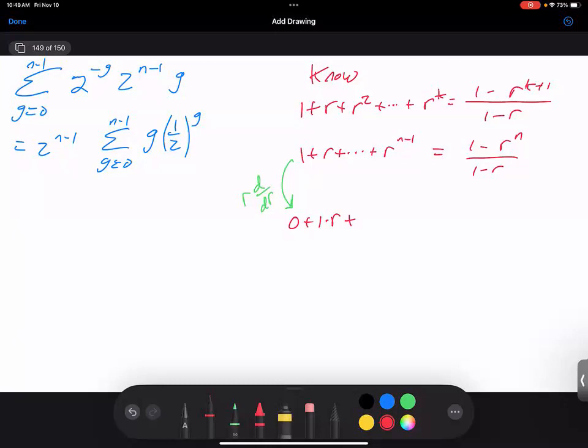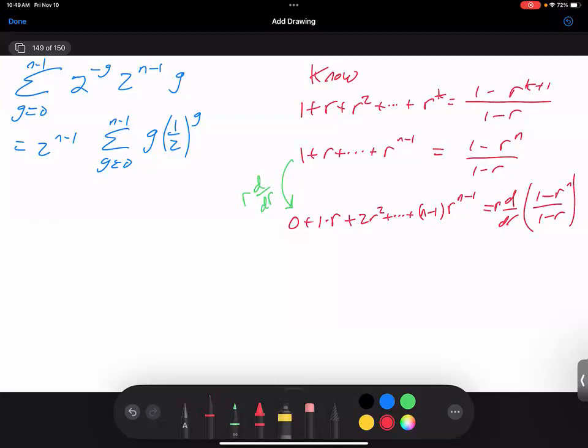I multiply by r, I'm going to get 2r squared. All the way up to the last piece, which is r to the n minus 1. What do I get when I differentiate r to the n minus 1? n minus 1 r to the n minus 2. I multiply by r, I'm going to get n minus 1 times r to the n minus 1. And this is just d by dr times r of 1 minus r to the n over 1 minus r.